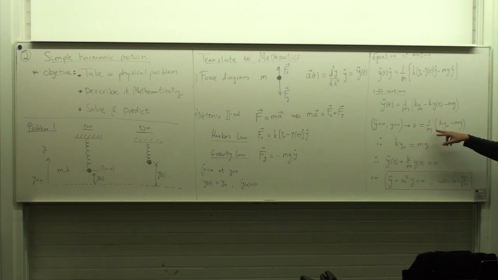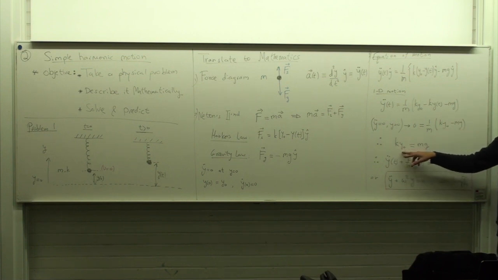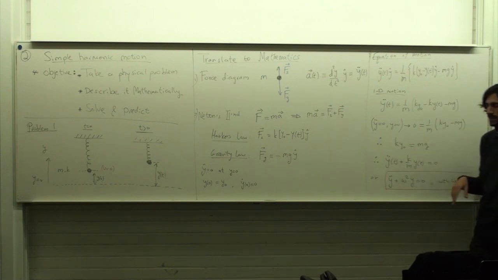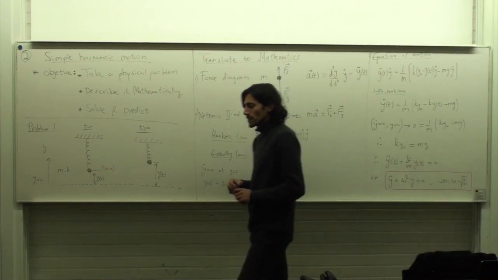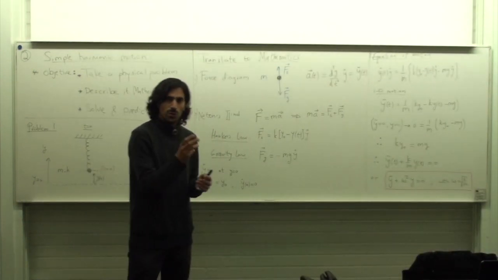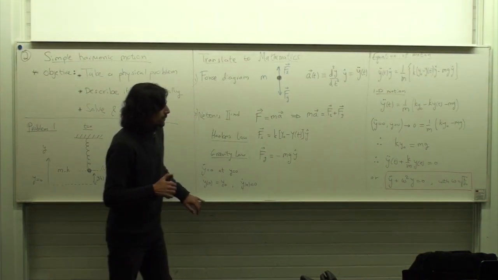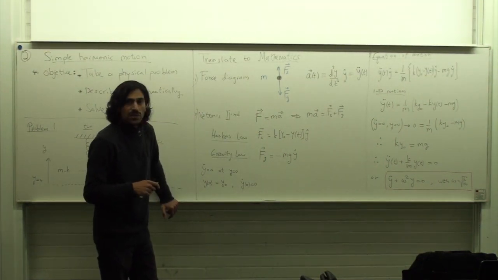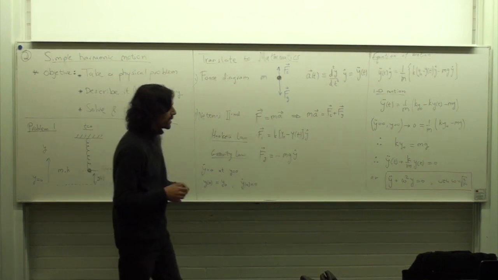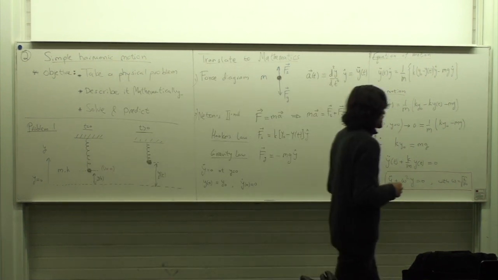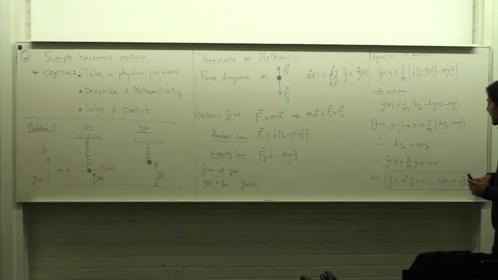That is 1 over m times ky0 minus mg, and that gives us that ky0 has to be equal to mg. So when the object is at equilibrium, the forces are cancelling each other, and there is no acceleration on the mass.